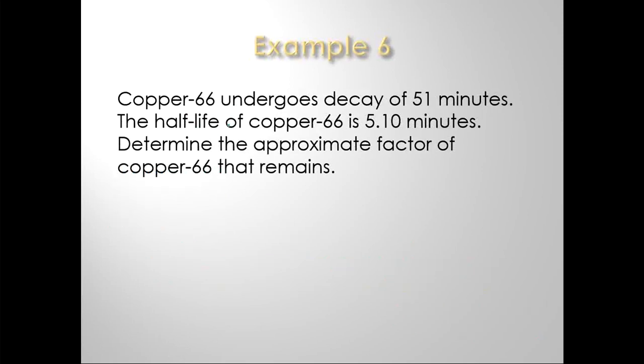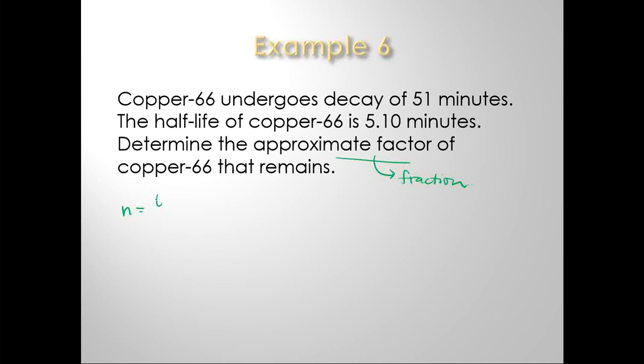Copper-66 undergoes decay for 51 minutes. The half-life of copper-66 is 5.10 minutes. Determine the approximate fraction of copper-66 that remains. So this is actually asking for a fraction. What is the fraction that remains? So here, what we're going to do is calculate the total half-lives that it went through.